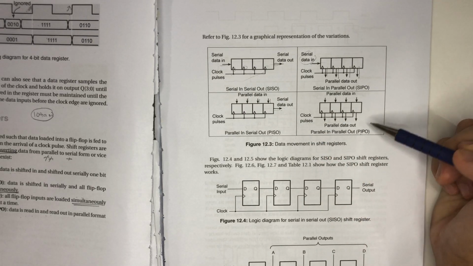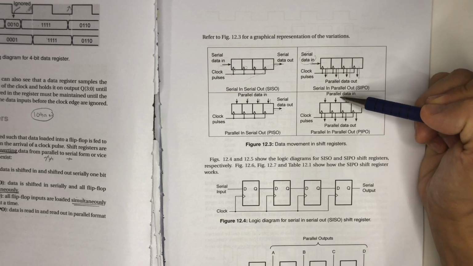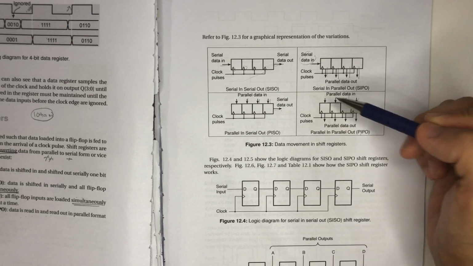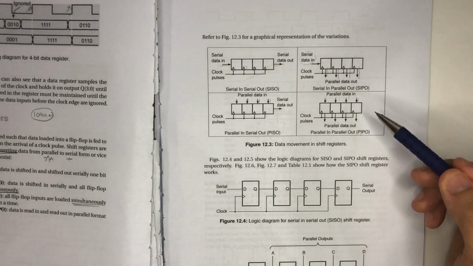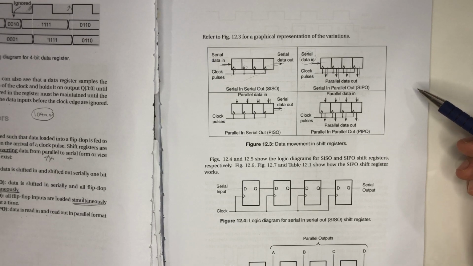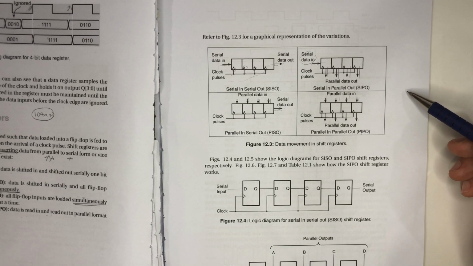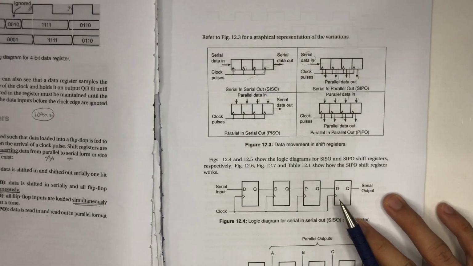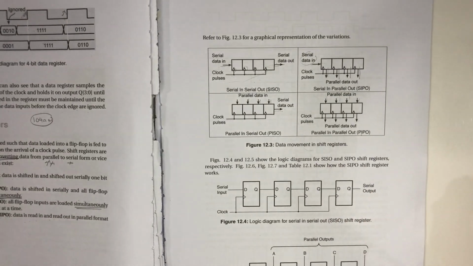Next is PIPO. You have simultaneous data in, then simultaneous data out. Of course, the common feature of all of them is that they have clock pulses. So this is the data movement in your shift registers.